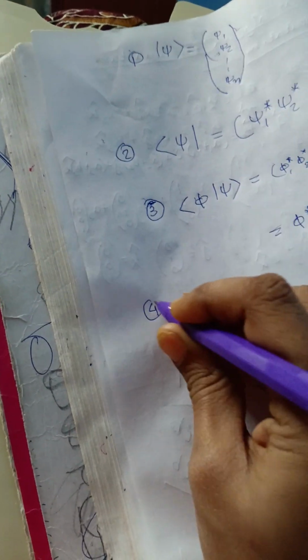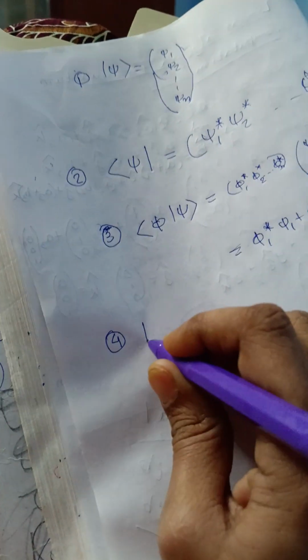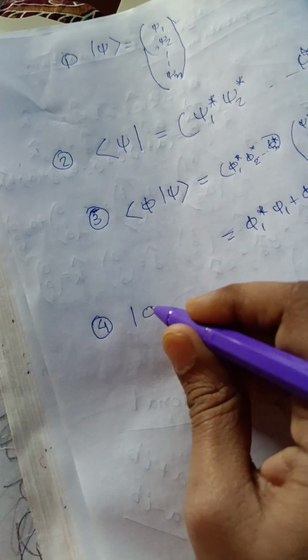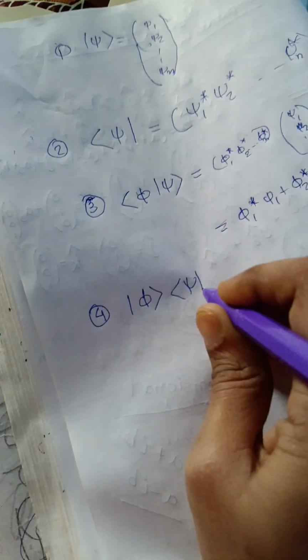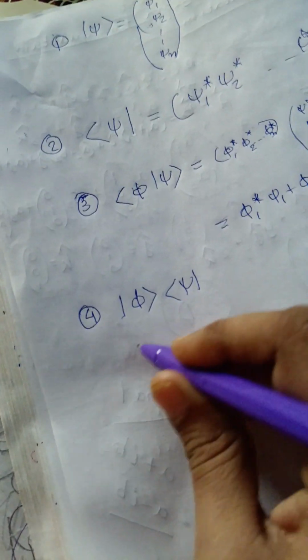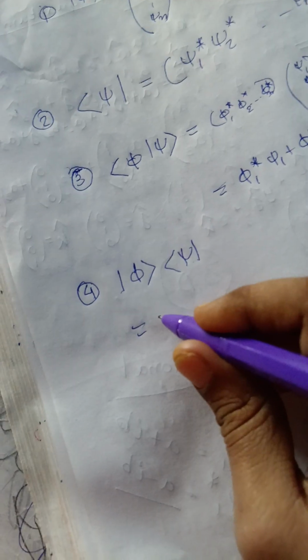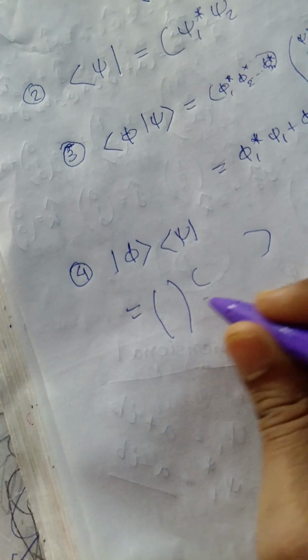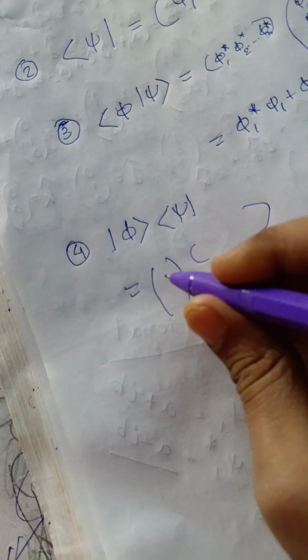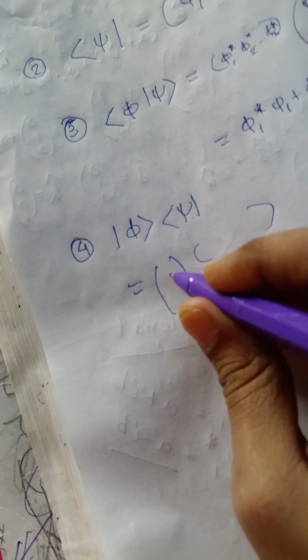The fourth point involves the outer product. The outer product is represented by Ket phi Bra psi. First we write Ket, next Bra. So I already wrote here that the column matrix is multiplied with the row matrix.